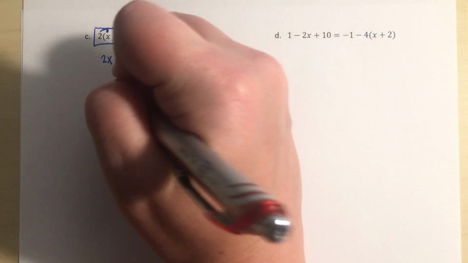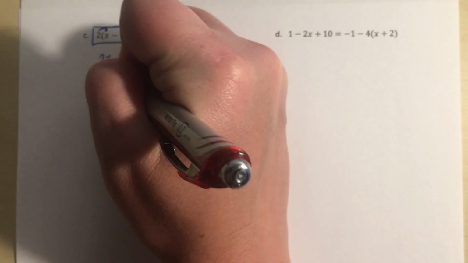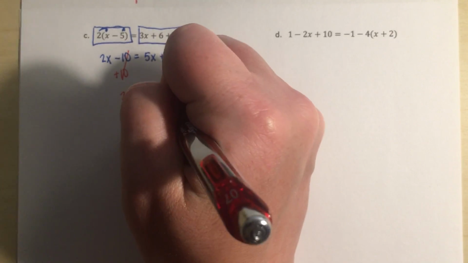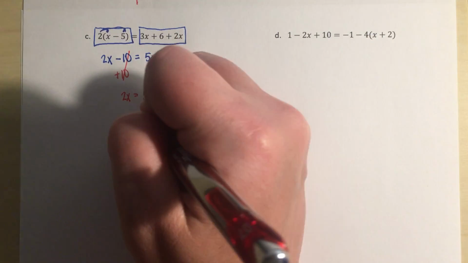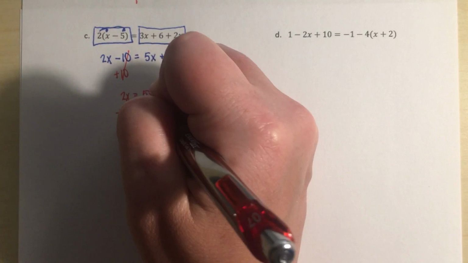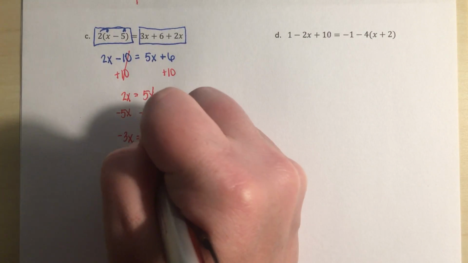So we're going to get rid of the number on the left. Add 10 to both sides. 2x equals 5x plus 16. Then we're going to get rid of the variable on the right. Subtract 5x from both sides. Negative 3x equals 16.